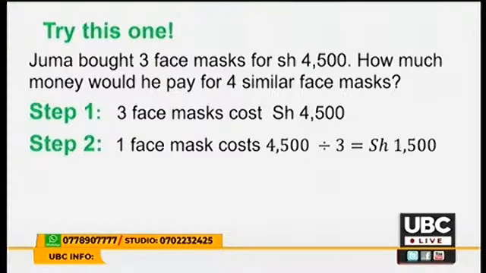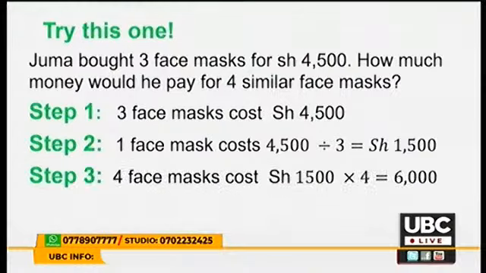Now step 2, you need to get the cost of 1 face mask. And how do we do that? We divide 4,500 shillings by 3, and we shall get 1,500 shillings, that is 1 mask. Go back to the question and find what it requires you to do. It requires you to find the cost of 4 similar face masks.